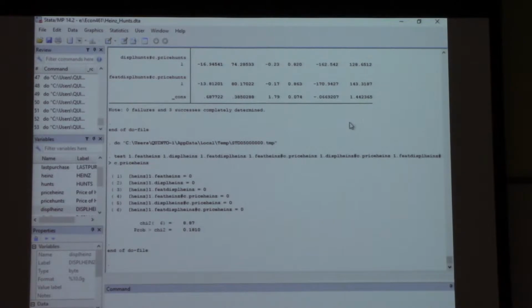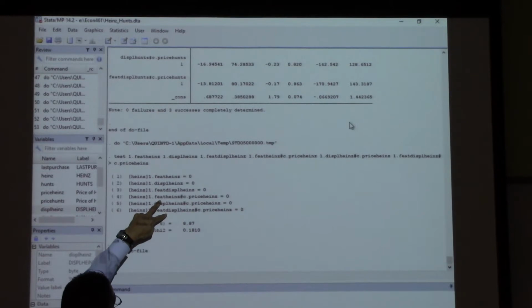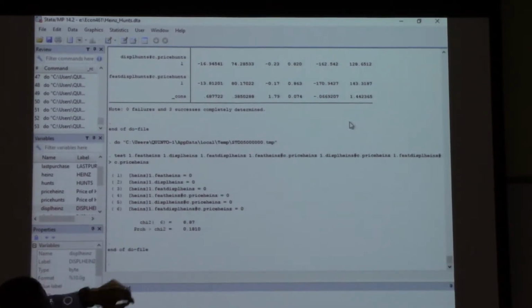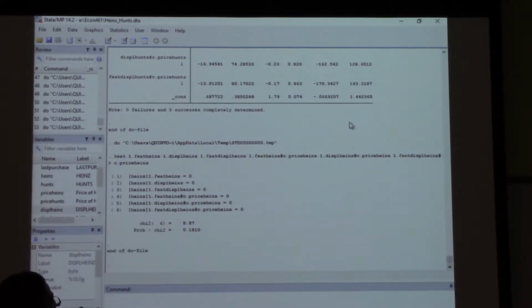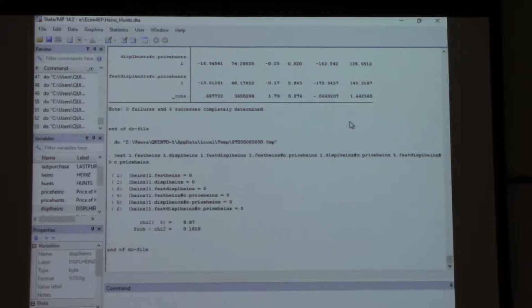So basically, I set everything equal to 0. I set all the promotional effects by Heinz equal to 0, including the dummies and the interactions. So this is testing whether or not all of our promotional aspects are statistically equal to 0.